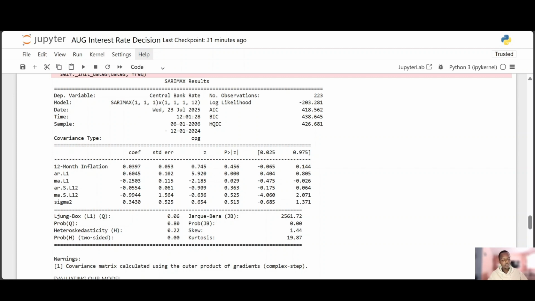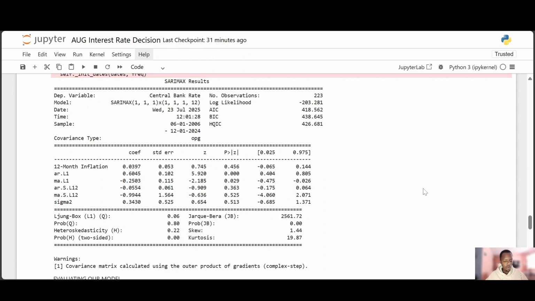central bank rate decision. And then when I look at my AR1 component and my MA component, the non-seasonal part, they are 0.00 and 0.029 respectively, which are both less than 0.05, and this implies that they are significant in my model.